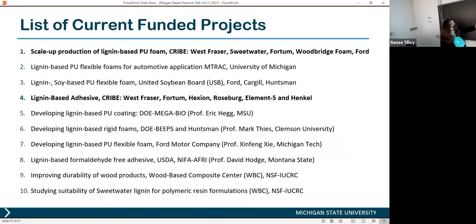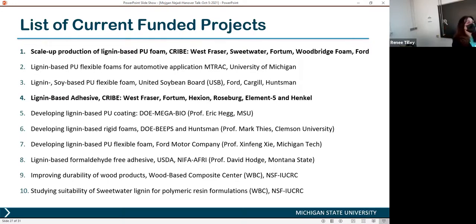And this is the list of current funded projects that I have. The first one that I mentioned is CRIBE on the wood bridge foams, where my proposal got ranked first. I'm still waiting on the formal agreement, but when it ranks first, you're almost 100% sure that they're going to fund it. The second one, I got a grant from the University of Michigan, M-Track programs, because we have a patent on that technology.